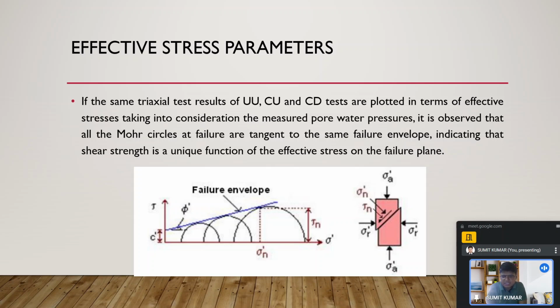So you can see that whichever test we consider, the failure envelope must be unique. It is clearly understood that the problem is one and only due to the value of the pore water pressure, which differs because of the different drainage conditions during the different tests, because we are considering the total stress, not the effective stress.